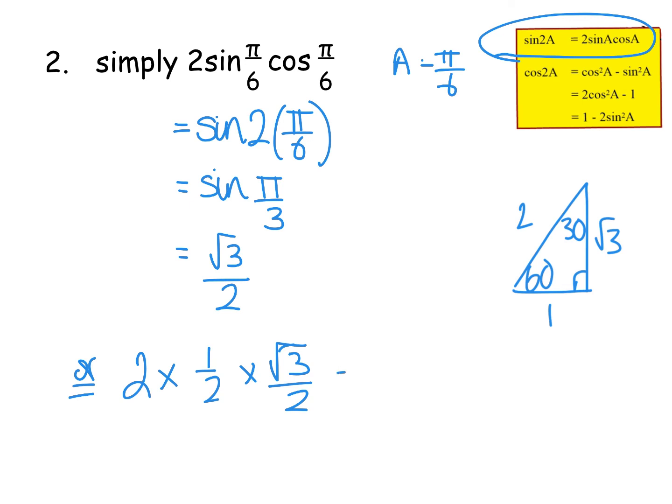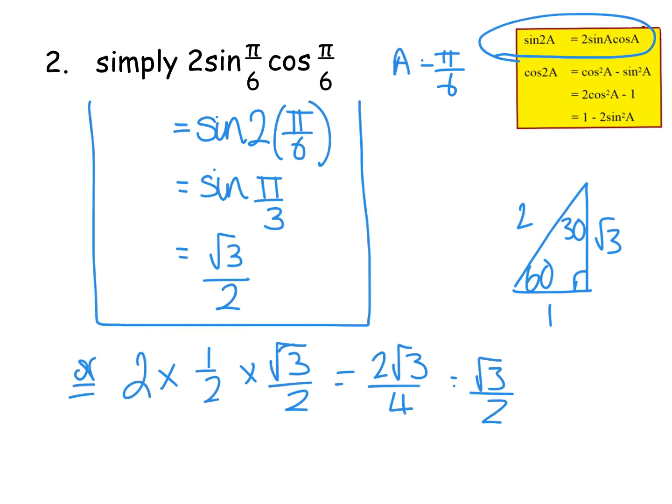Now if you multiply all of them, on the top you would have 2 times 1 times root 3. So you'd have 2 root 3 all over 4, which simplifies down to root 3 over 2. But we wanted to get you to do it this way, as a shorter way of doing it, using the sin 2x expansions.